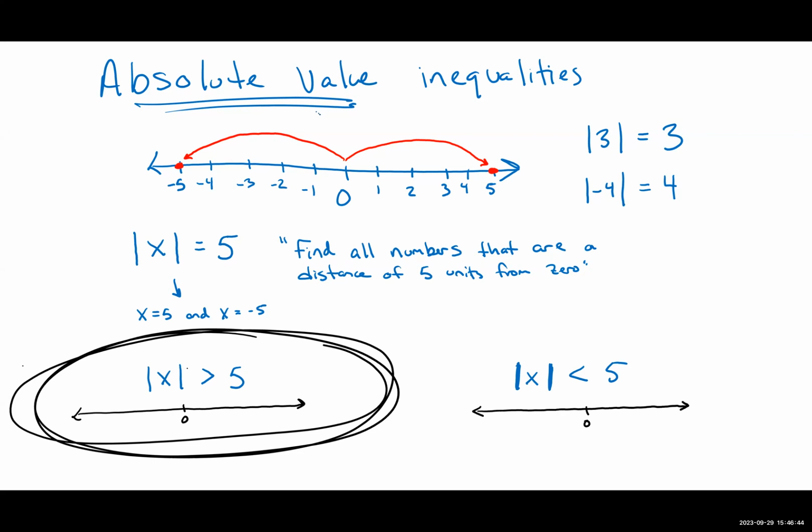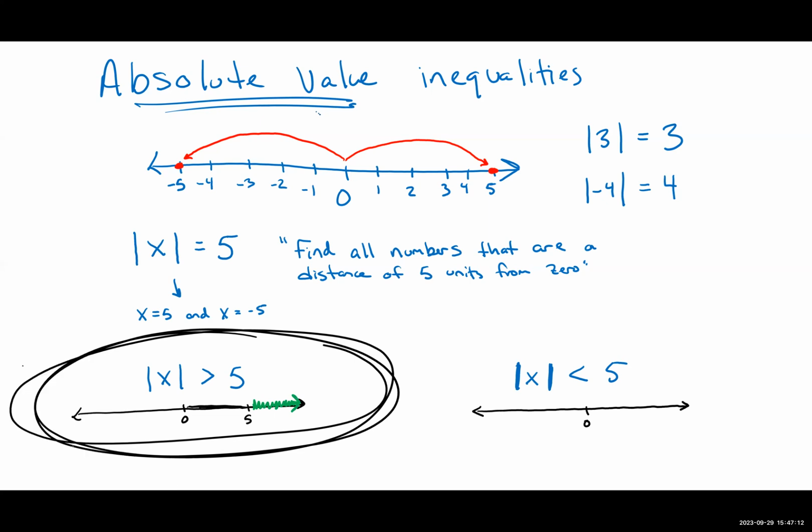Has to be more than 5 steps away, more than 5 jumps away from 0. So if this is exactly 5, this distance is exactly 5, between 0 and 5. But x has to be any number further away from 0 than 5. So it would be any number over here, any number above 5, going all the way up to infinity.